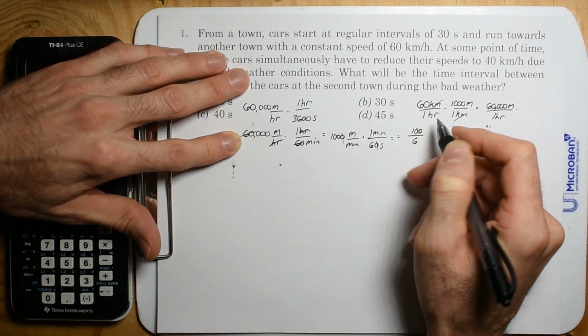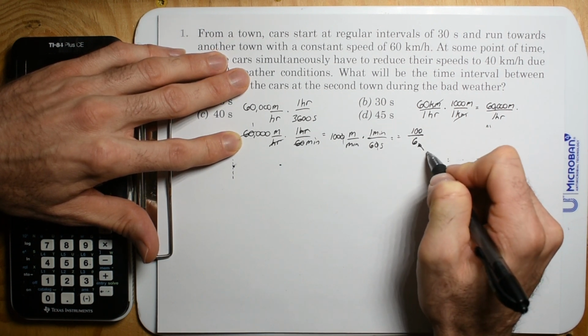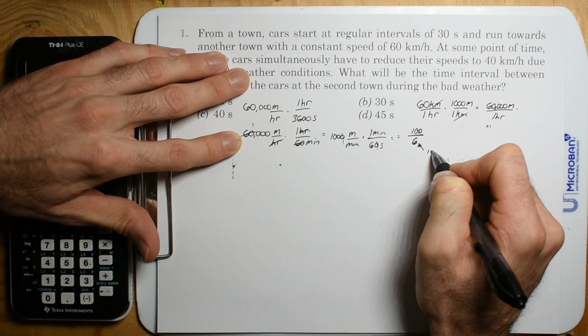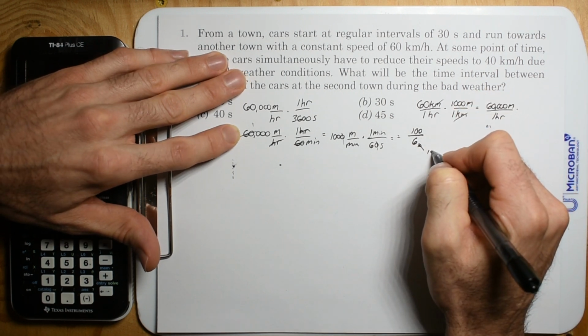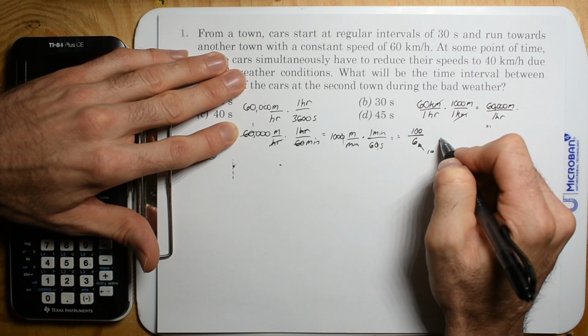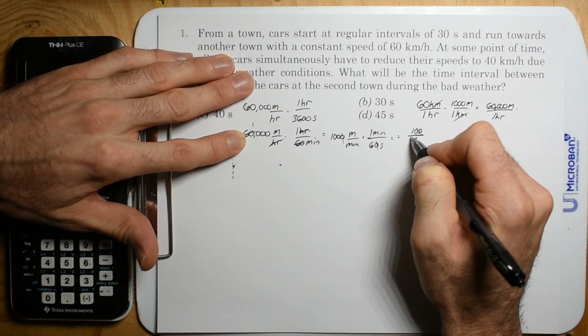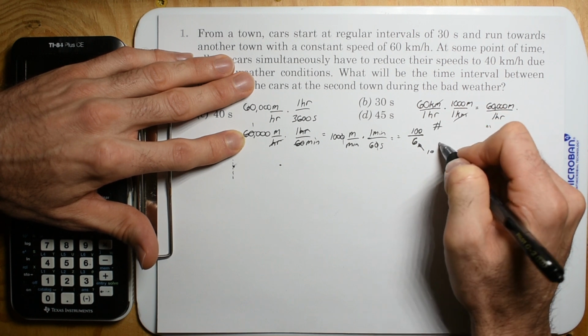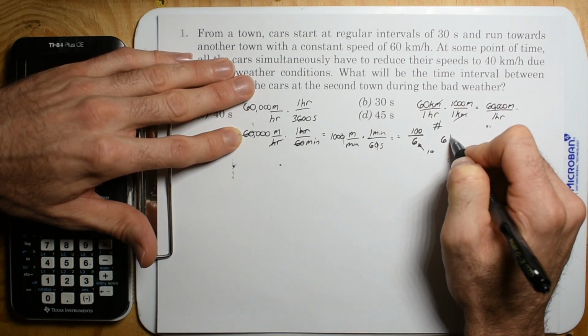Now, if you can get this as a multiple of 10, then you can do the ratio a lot easier. This is going to be 100 divided by 6. It's going to be a bigger number than 1, so let's do this long division style.